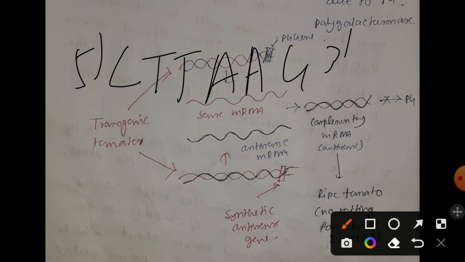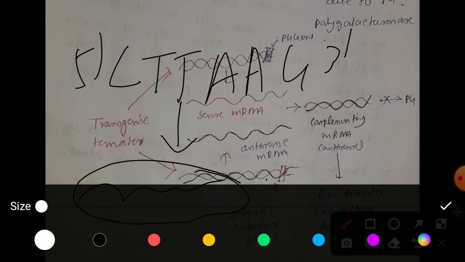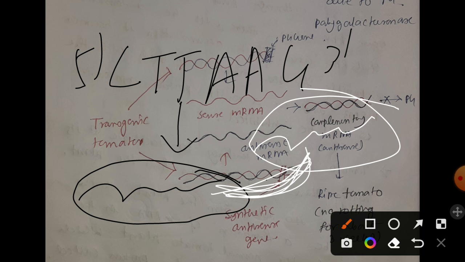Okay, that means exactly opposite orientation. So that will lead to the formation of RNA which will be exactly complementary to what is responsible for the production of the PG enzyme. So there will be a formation of double stranded RNA. So that is the idea.